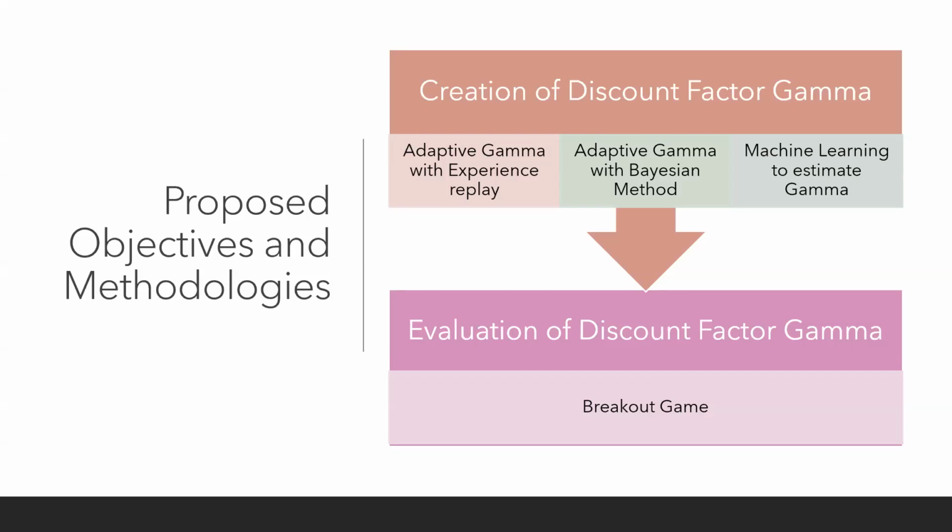That's where the need arises to adapt the gamma according to the state. So these are the three methods I propose for developing the new, adaptive gamma discount factor. The first one is experience replay.